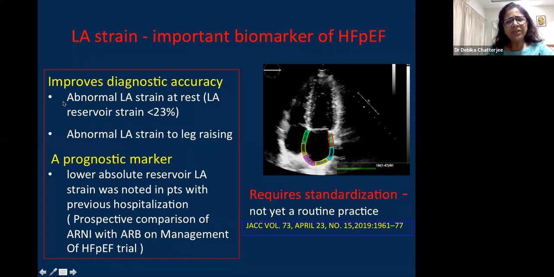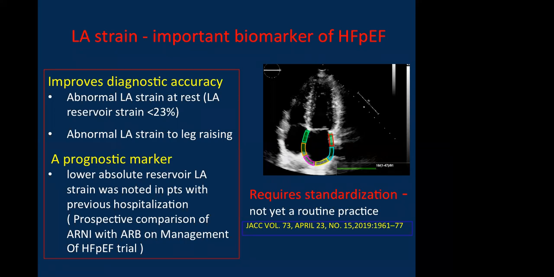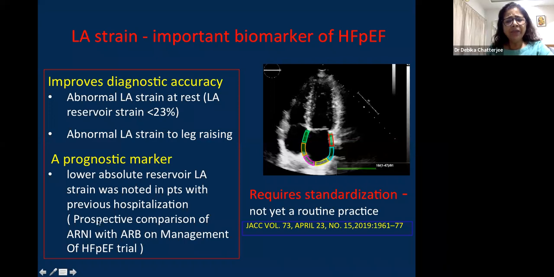It has been seen that it improves the diagnostic accuracy by showing the abnormal LA strain at rest as well as with leg raising. And it's an important prognostic marker also, because a lower absolute reservoir LA strain value was noted in patients with previous hospitalization who were receiving the ARNI.